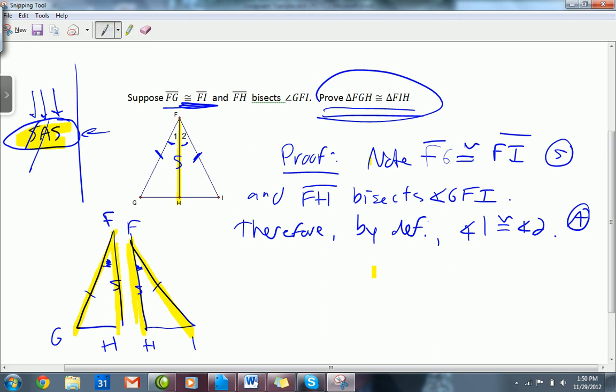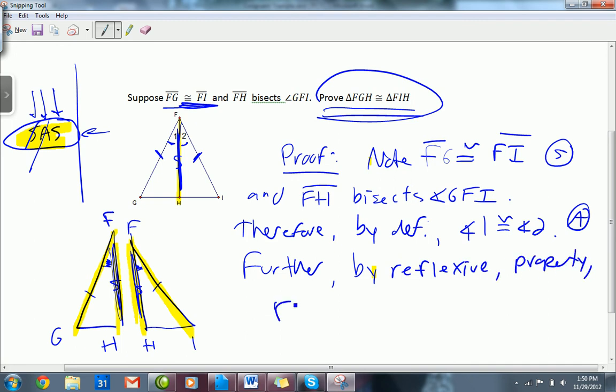The second pair of sides comes from FH, right? Both triangles share the same side. So I'm going to say further, that's by the reflexive property, right? Anything is equal or congruent to itself. I can say that FH, which is part of both triangles, is equal to FH, or congruent to FH. Oops, not FG. That should be an FH.